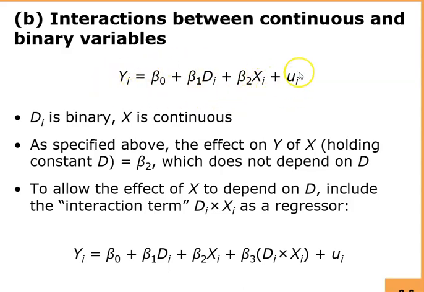But in this regression equation, there is no interaction term, meaning the effect of X on Y does not depend on D. In order to find how much the effect of X on Y also depends on D, we have to introduce an interaction term into this equation, which is once again just the multiplication of the 2 variables D and X. Obviously, when you include this variable, it will also yield a separate coefficient, and we will see how this coefficient affects the relationship between X and Y.